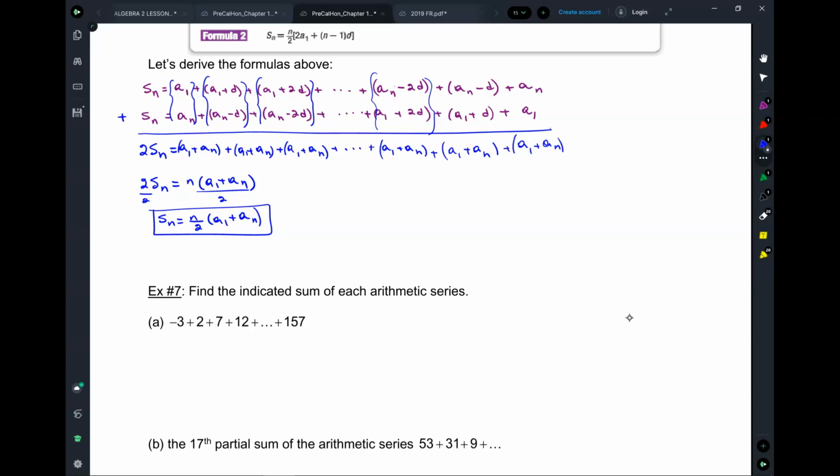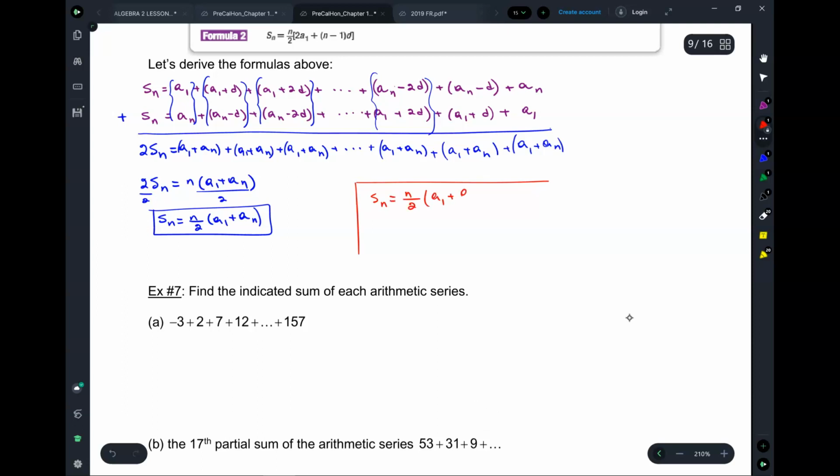But what if you don't have the last term? What if you only have the first one and d? What then? We have to have an option for that one. Well, let's see. Sn, we just said, is n over 2 times a1 plus an. But what if you weren't given an?